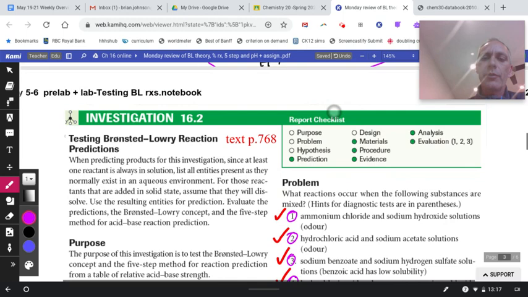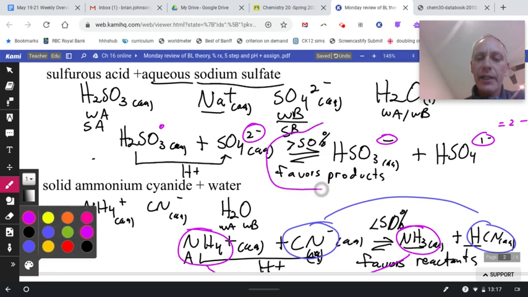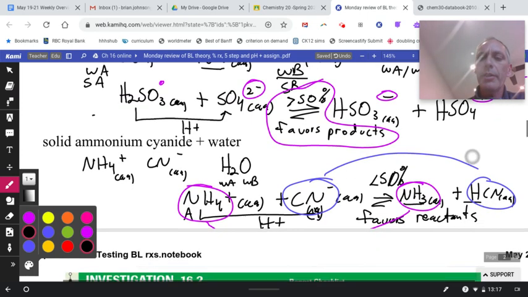For your predictions, you are basically doing what I just did right here. So you're going to use the 5-step method, and you're going to identify the strongest acid, strongest base, react them with correct products, and classify the reaction as greater than 50, less than 50, or greater than 99 as a third option as well, if you have strong acids or bases.